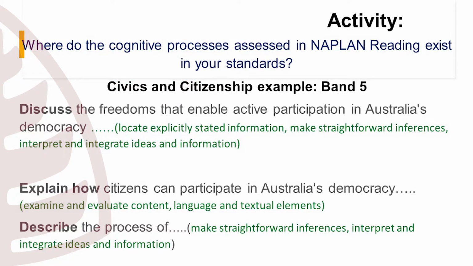Okay, so just to illustrate what we have been saying so far, if I am a teacher of civics and citizenship and I am just about to engage in teaching Band 5 to my students, and the content descriptor is asking me to teach my students to understand how to discuss the freedoms that enable active participation in Australia's democracy.